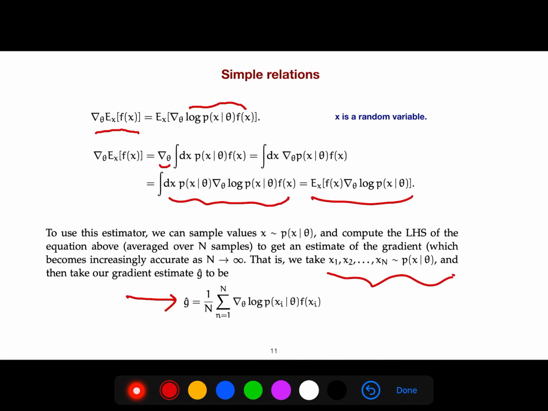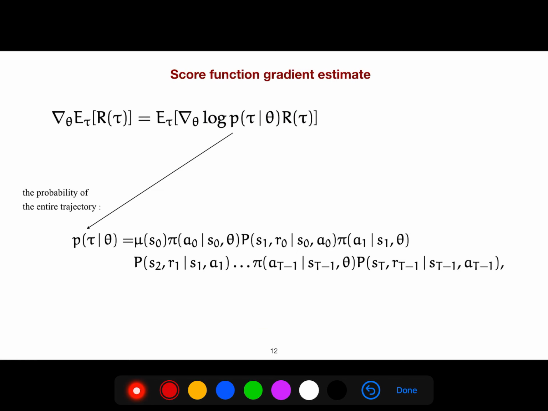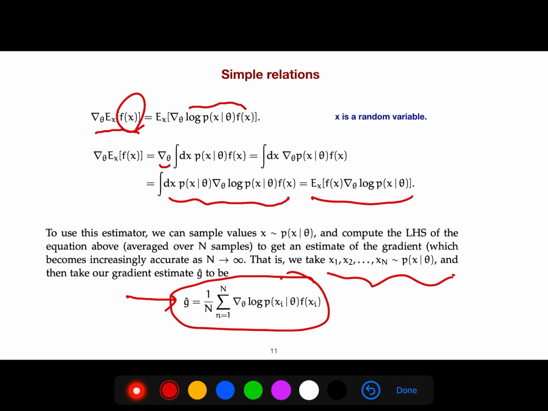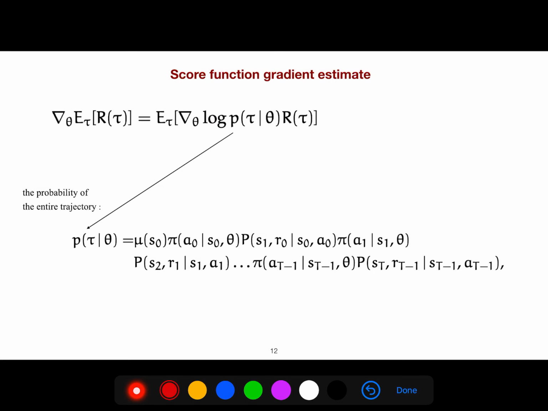Now you apply the same formula to the reward function. Instead of f of x, which could be any function, we use the reward of tau, where tau is a trajectory: state, action, reward, state, action, reward, state, action, reward. So there are different trajectories.